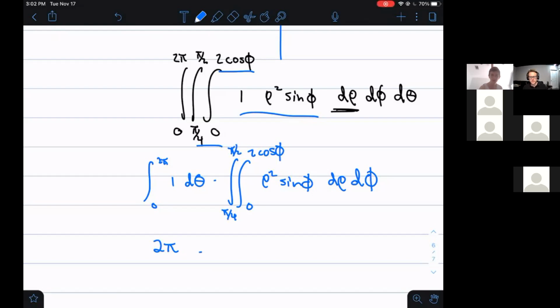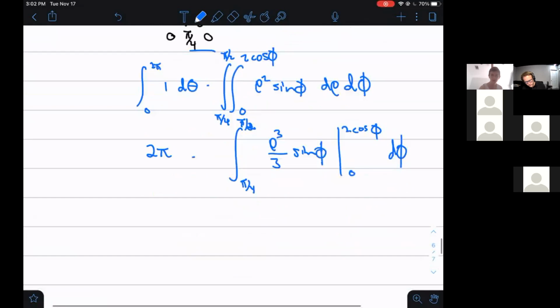When you integrate with respect to rho, you're going to get rho cubed over 3, evaluated from 0 to 2 cosine of phi. Then you're still going to have your phi integral. The phi integral is going to take a little bit of work. 2 pi over 3.